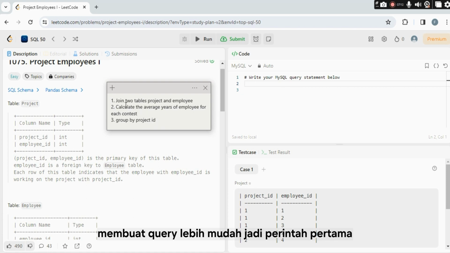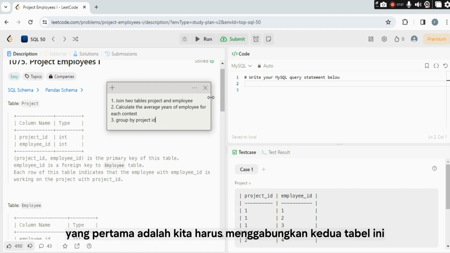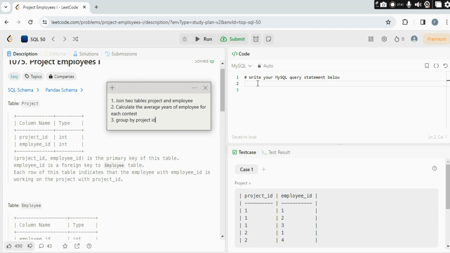The first is we have to join two tables, the project table and the employee table, and then we have to calculate the average years of employee for each project, and then we have to group the result by the project ID. The first one is we have to join these two tables.